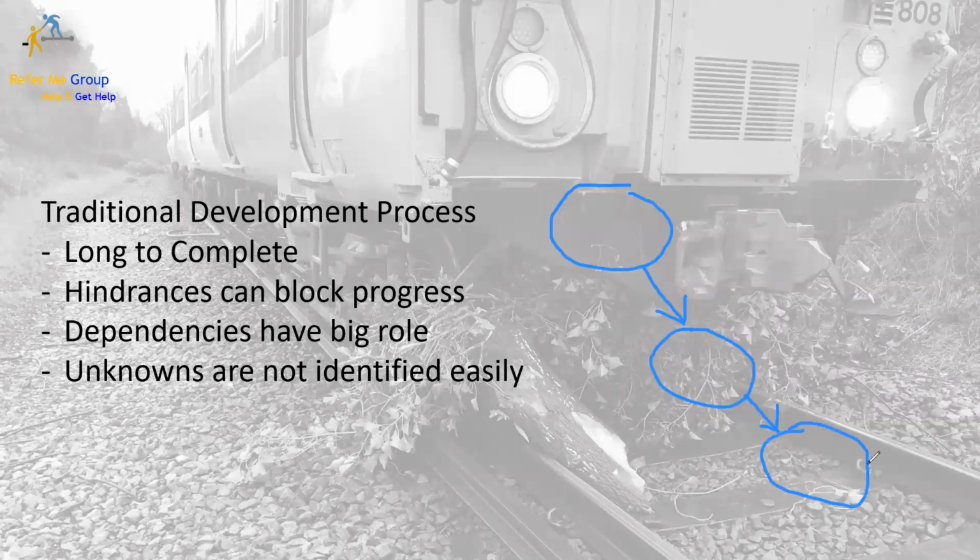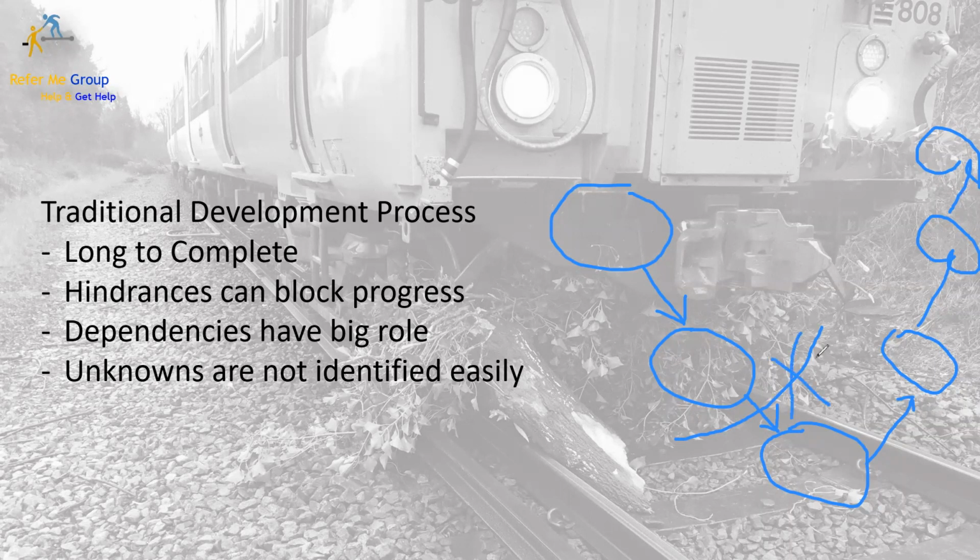If I talk about a V model, then it is your unit testing, then system testing, then integration, and then your acceptance testing, right? So it was going in a sequence. Now what was happening? If any hindrance comes here, the rest of the parts are going to be blocked. Any hindrance can block your progress. You cannot move further unless this impediment or hindrance has been removed.